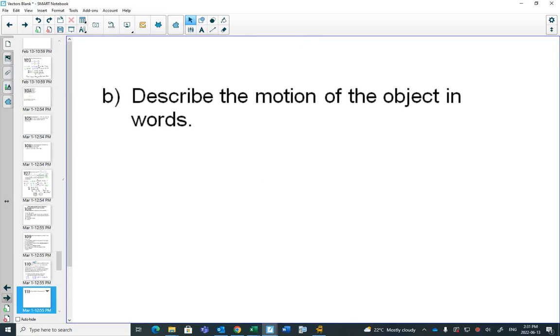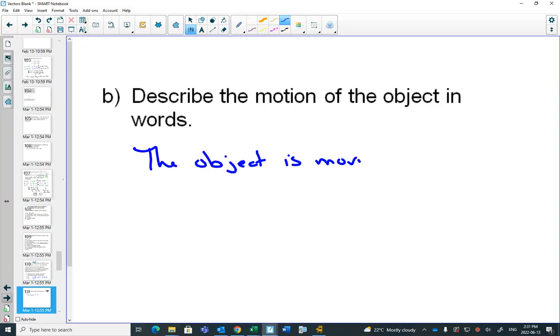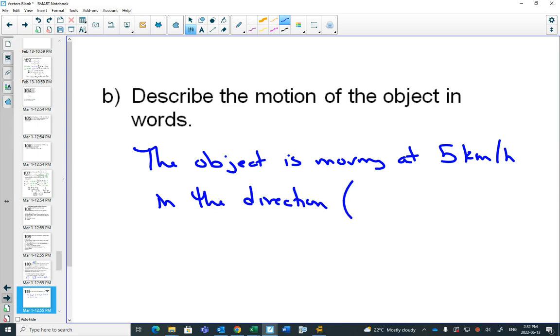Describe the motion of the object in words. The object is moving at 5 kilometers an hour in the direction, and we can give the direction vector.